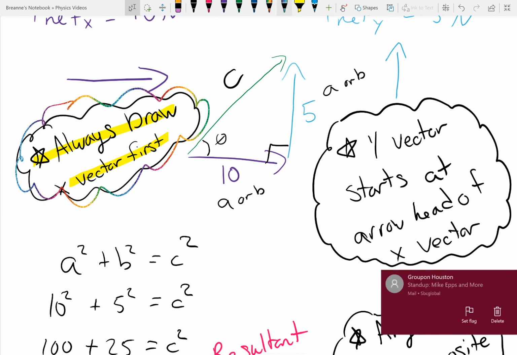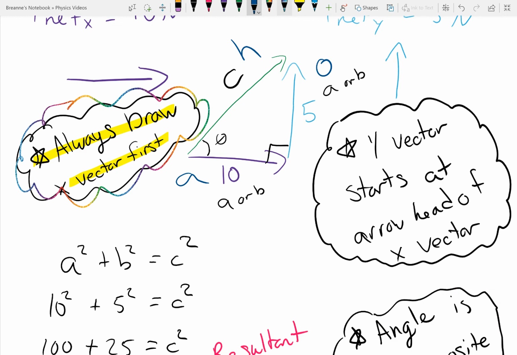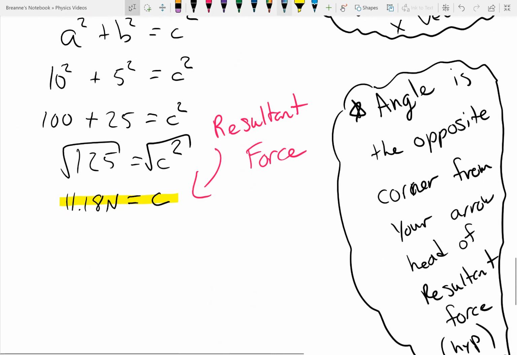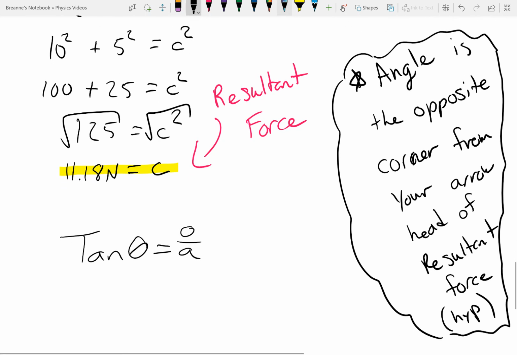Now, to find your angle, that's your hypotenuse, there's your angle, so that's your opposite, and this is your adjacent. You technically do have your hypotenuse, but I would just stick with your opposite and adjacent. So you know you're going to use tan. Tan theta equals opposite over adjacent. You don't know your theta, so you have to get tan on the other side. That's when you use your inverse tan.